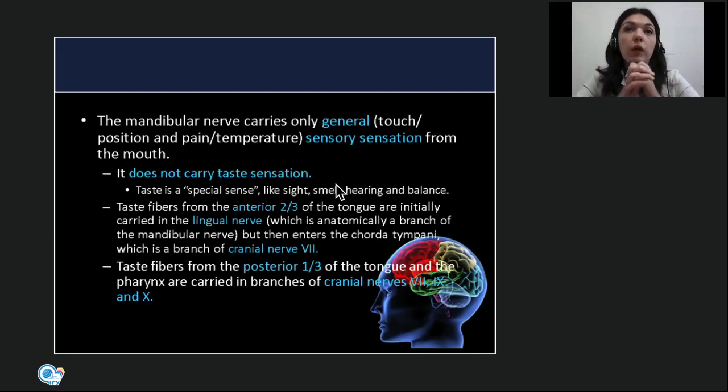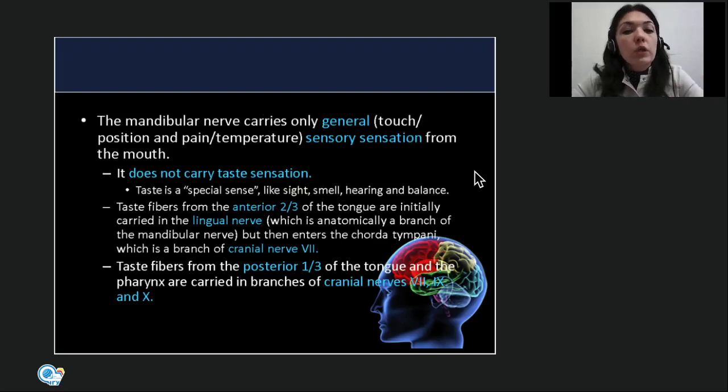Because the taste nucleus that is responsible for the gustatory function is the solitary tract nucleus. The solitary tract nucleus does not belong to the nuclei of the trigeminal nerve. So the trigeminal nerve is responsible only for general sensation. Taste is a special sense, and it has a special nucleus.